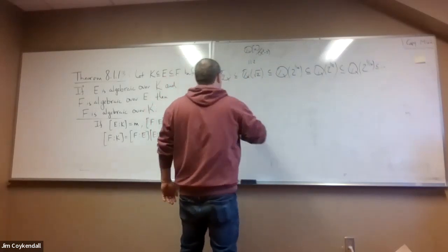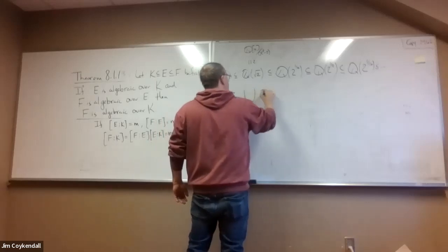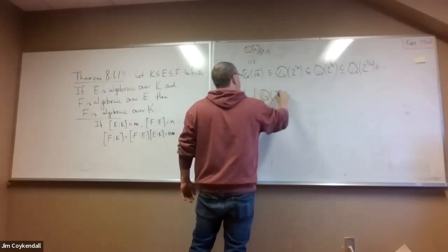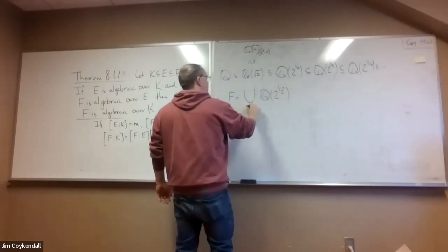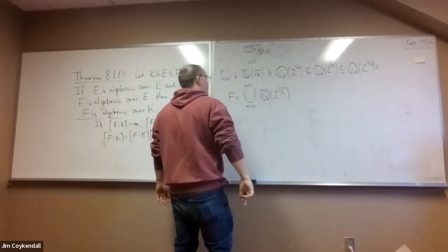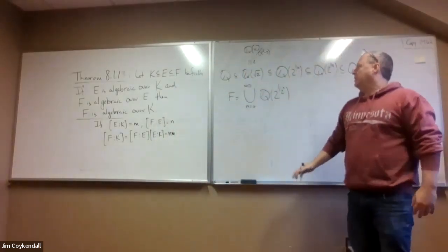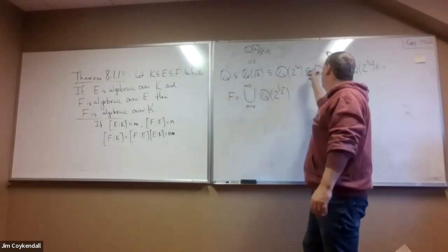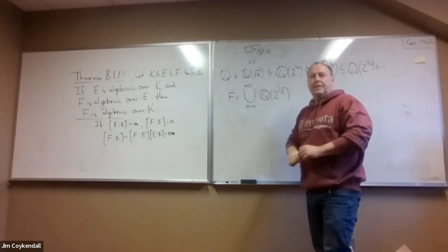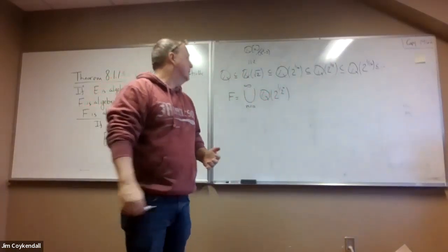Now let's let F equal the union, take the union of these fields. Notice that in a certain sense you can consider Q is contained in this, which is contained in this, which is contained in this, and so forth. Let me make a quick argument that F is in fact a field.